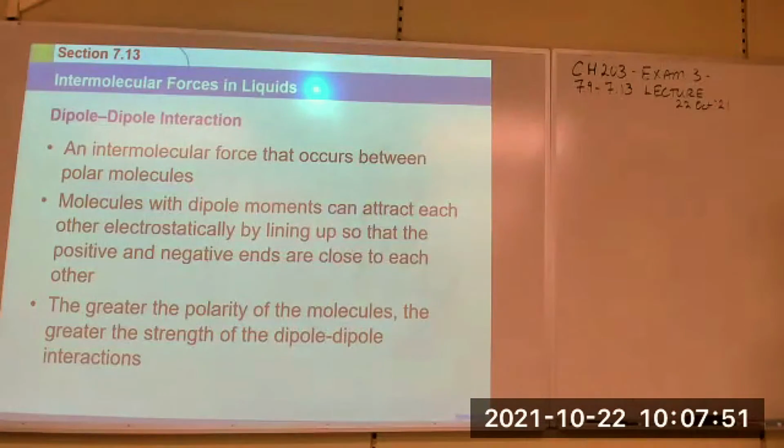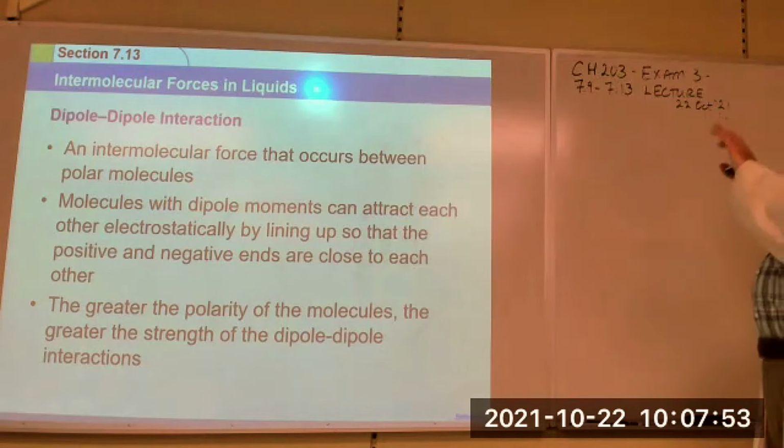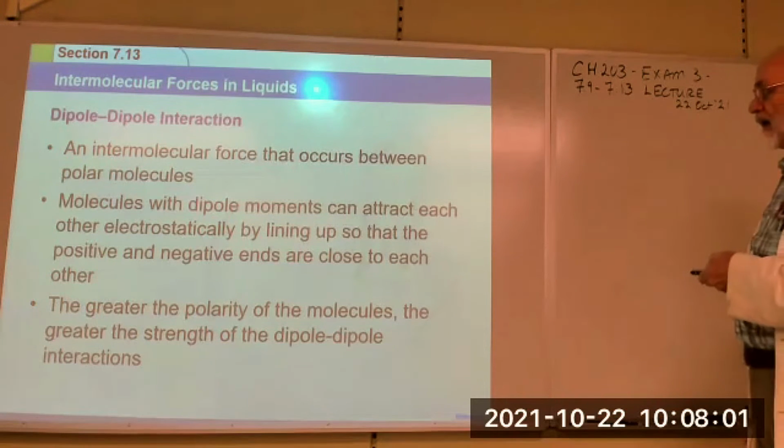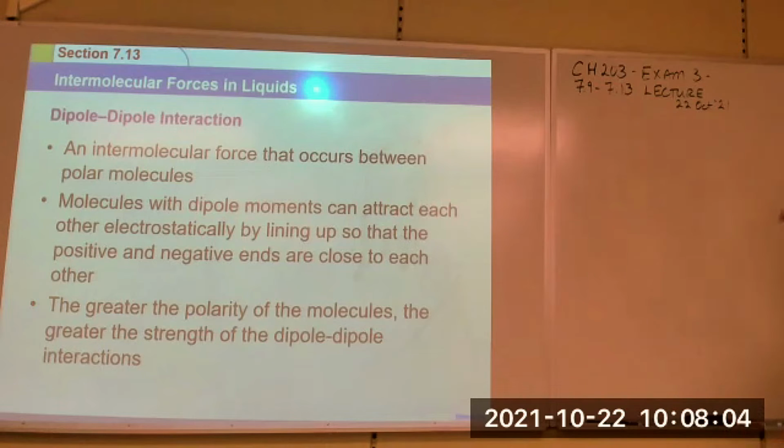Okay. I think I've described everything on this slide already. These forces, dipoles, are between polar molecules. They attract each other electrostatically so that the positives and the negatives line up. And the greater the polarity, the stronger the bond.